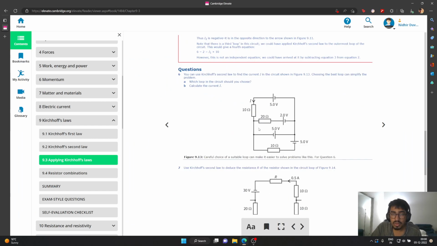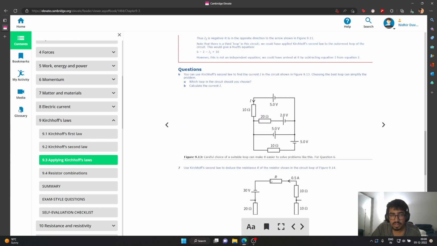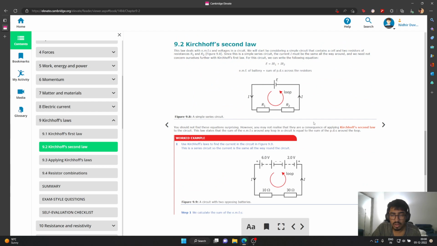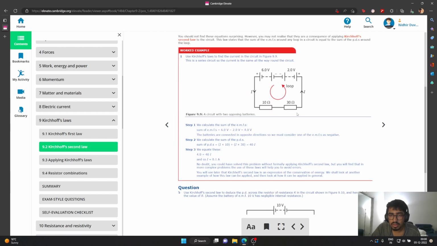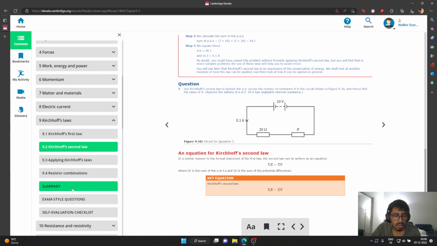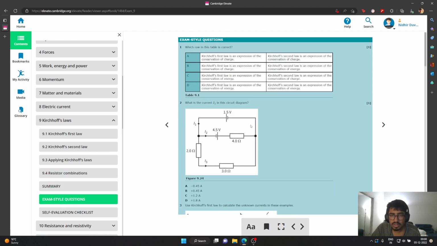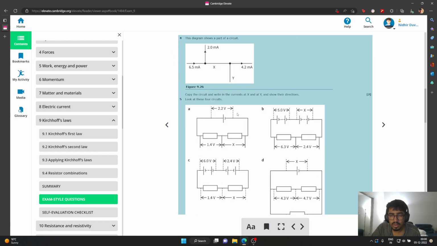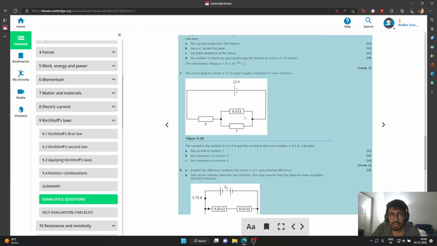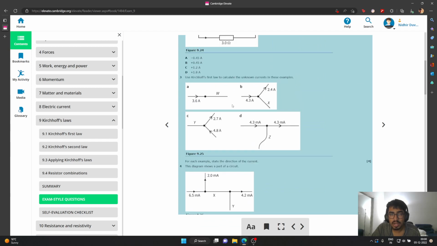So as homework, you definitely attempt these two, 6 and 7 for sure. Even if you have done them in school, definitely do them again. Towards the end, I know that there's one more topic in the middle, and I'll get to that. Also I would recommend you to do all of this. I know that there are a lot of sums, but just spend some time understanding all of them.